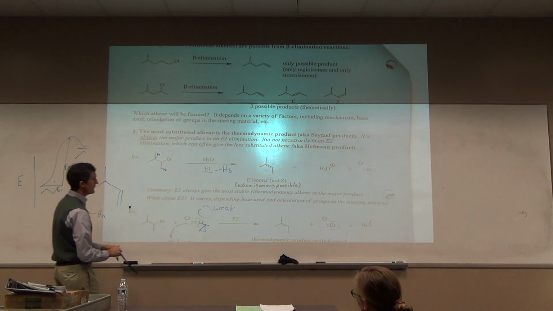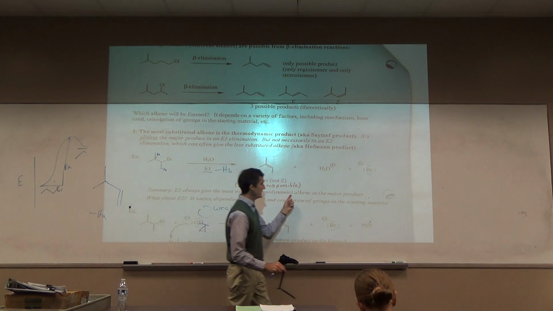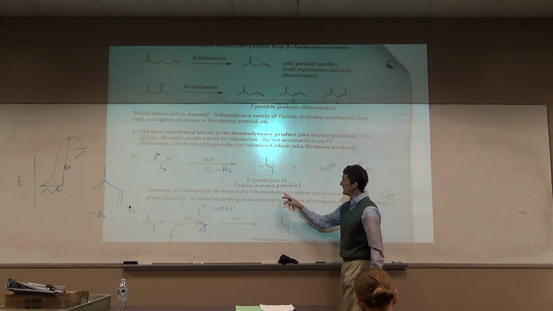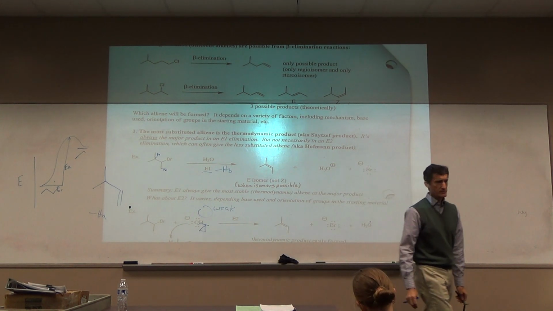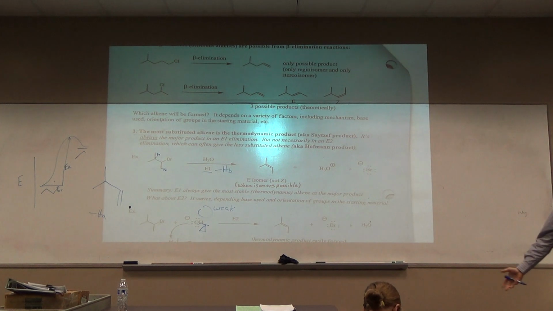Summary. E1 always gives the most stable alkene as the major product. Zaitsev is the most stable. Why does it always give the most stable? Because it's really a thermodynamically controlled reaction. It's really almost an equilibrium, and the most stable is just favored.